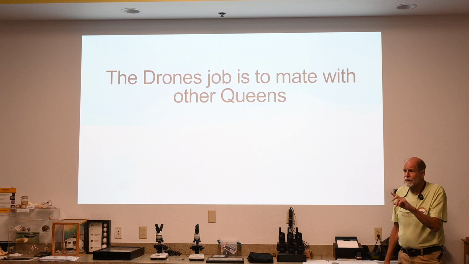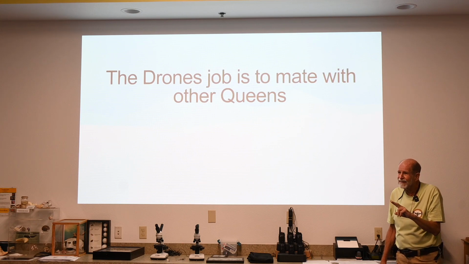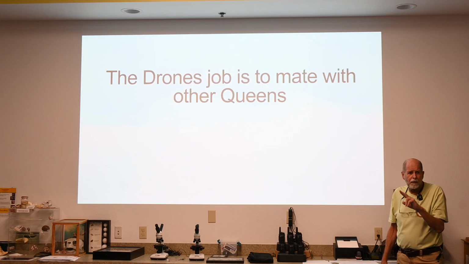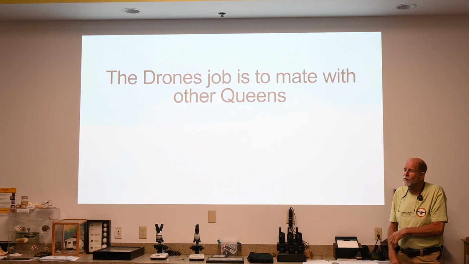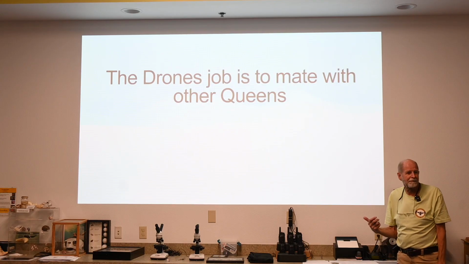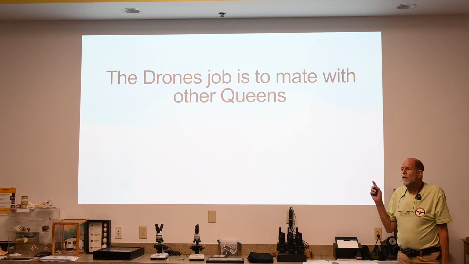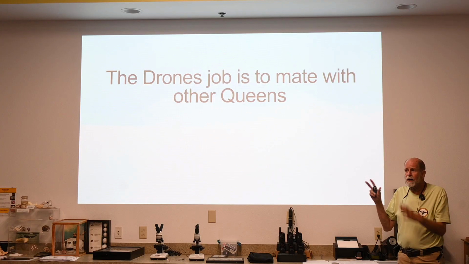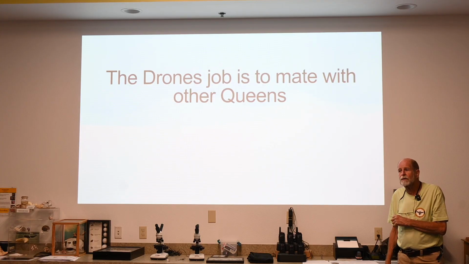She leaves the hive. It's only one of 2 times that she ever leaves the hive. She will go out and find what they call a drone congregation area. It's where the guys hang out looking for the girls. She will mate with between 20 to 30 males. And during this mating cycle, she will gather all the sperm she'll need for the rest of her life.